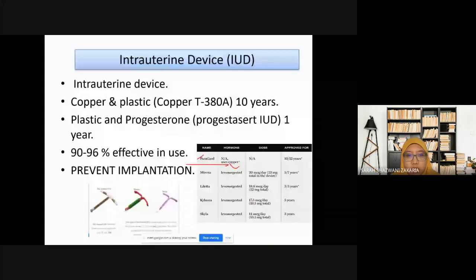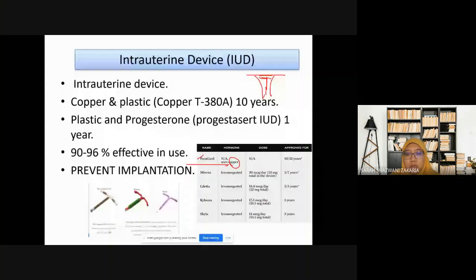This copper and also the structure of this IUD will prevent the thickening of the uterine wall. It is placed like a T shape like this. So it will prevent the thickening, or even the transportation of the sperm and the egg.